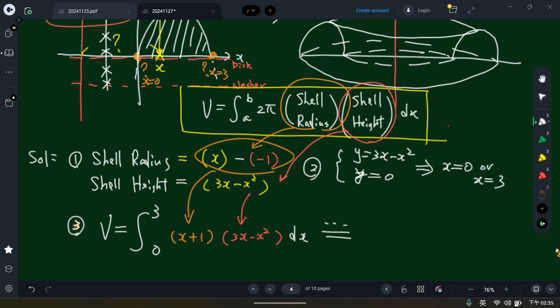So through some calculation, you can get the result, which will be this one. So this is the shell result.